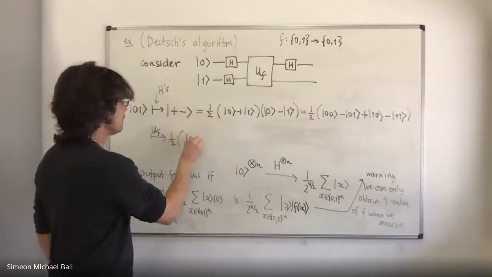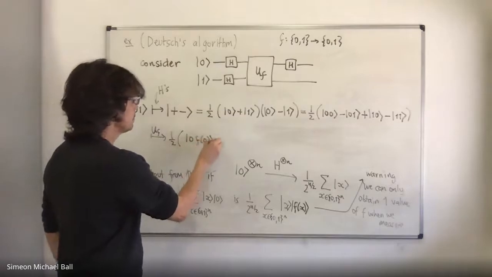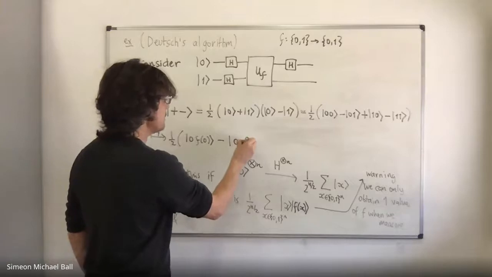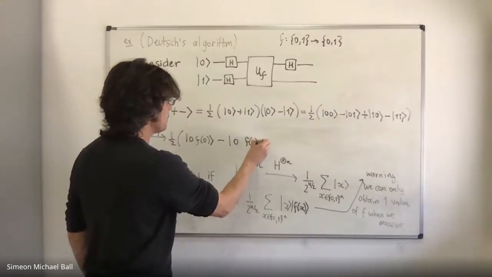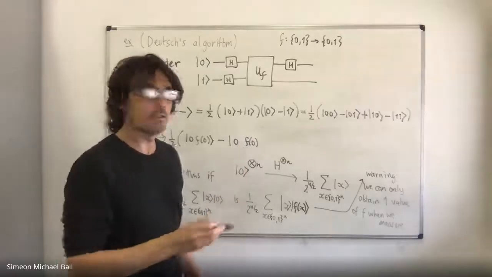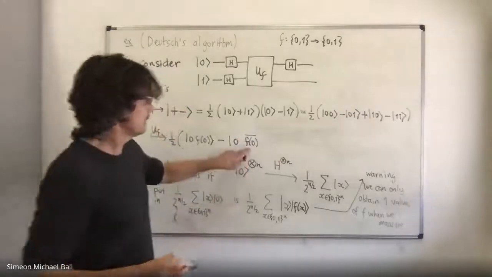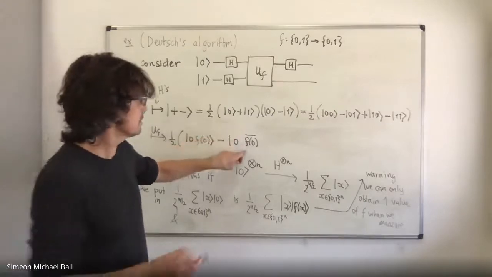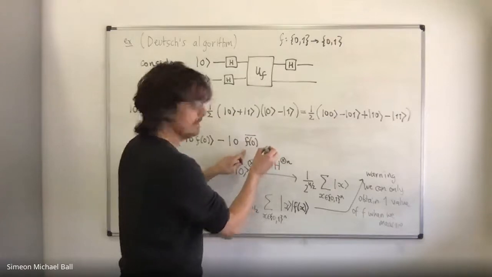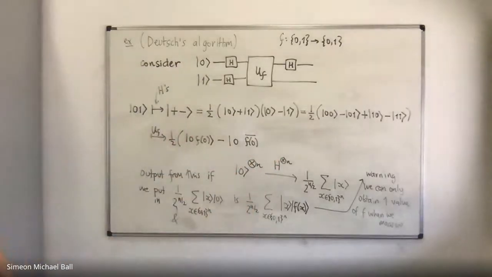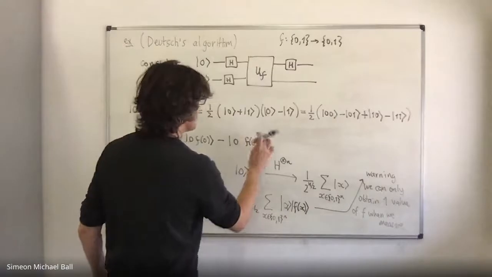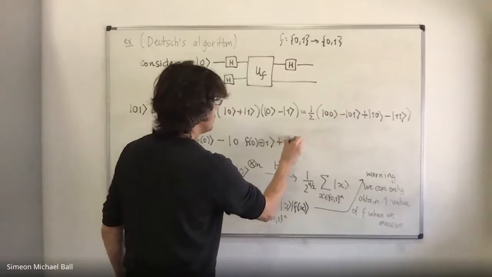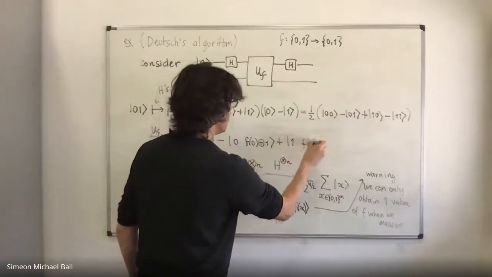So we're going to get f of 0 plus 1, which I write as a not, and so on.